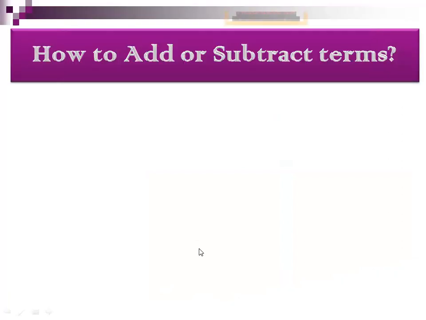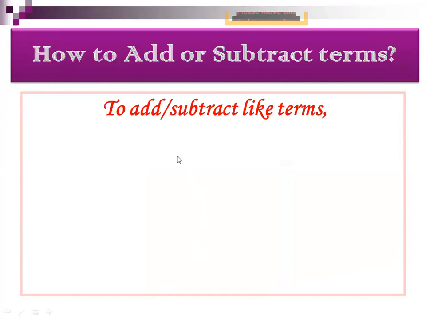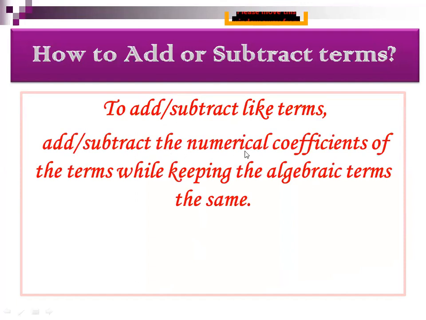Now, how to add or subtract terms. To add or subtract like terms, you will add or subtract the numerical coefficients of the terms while keeping the algebraic terms the same, meaning you do not touch the algebraic term, simply add or subtract the numerical coefficients of the like terms.